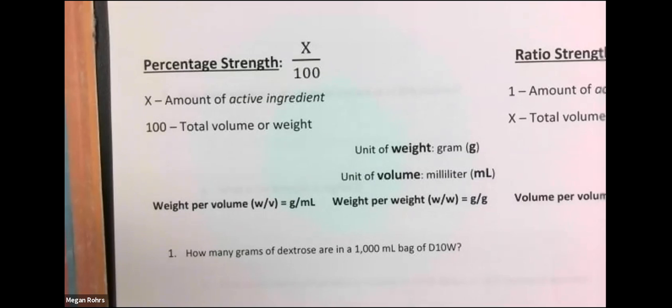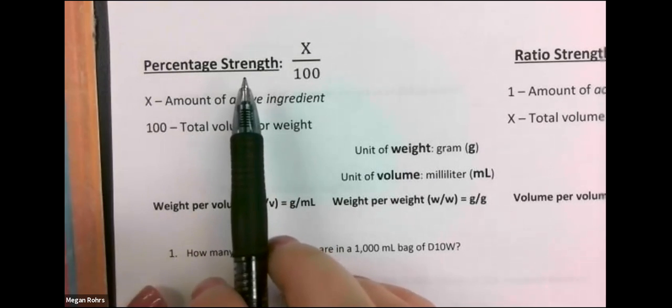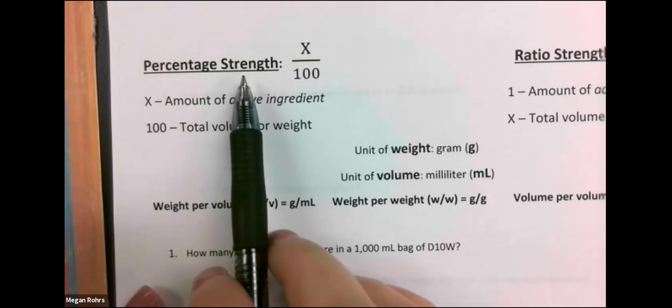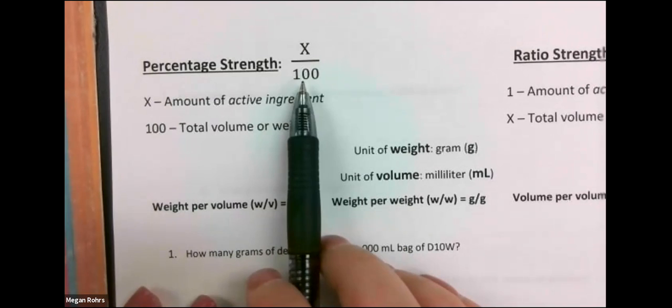On your lecture worksheet for this week, I wrote you some rules that we need to remember. The first one: anytime we see a percentage strength, we can always change a percentage into a fraction by just taking that number and putting it over 100.